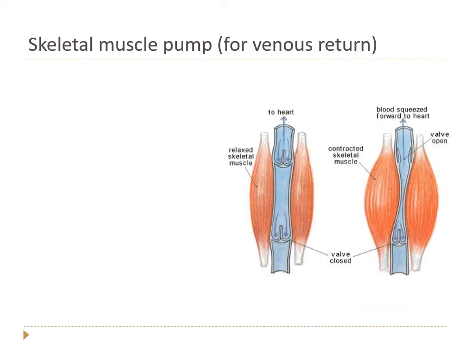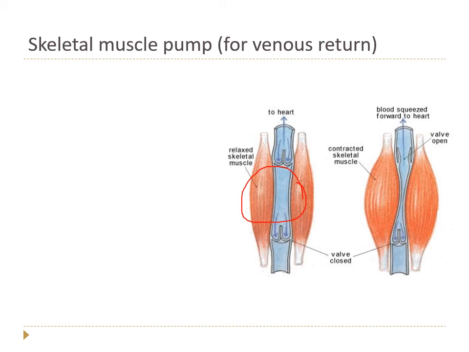So the skeletal muscle pump. You'll recall from when we did the muscular system that when a muscle contracts, your actin and myosin filaments slide over top of each other, which shortens the sarcomere, but it also makes it fatter. So the muscle ends up shortening and getting wider. You have a vein located between different parts of a muscle or between different muscles.